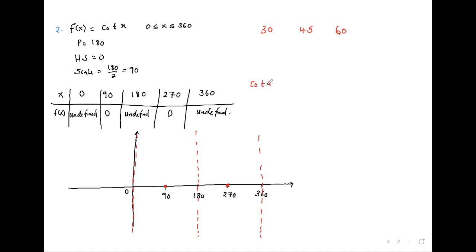Cot 30 is cos 30 over sin 30, which is root 3 over 2 over half, which is root 3. So we have root 3 here, we have 1 here, and we have 1 over root 3 here. So it's going down as we go this side.